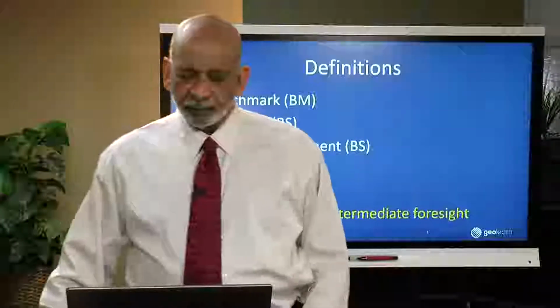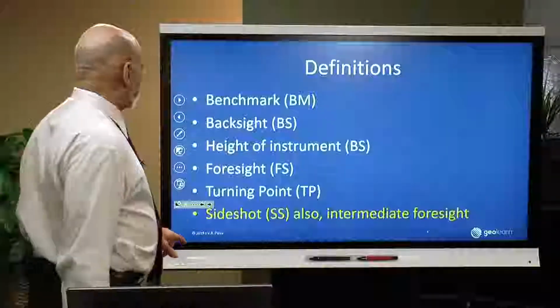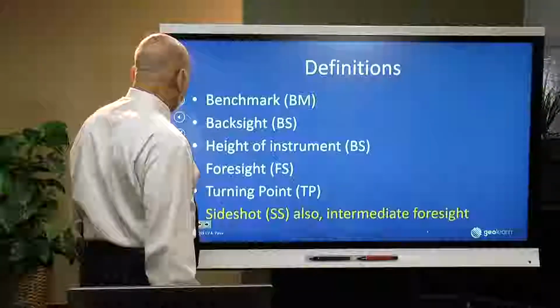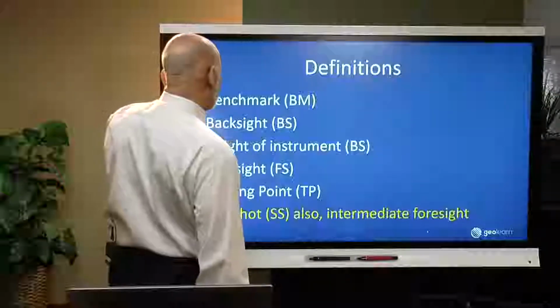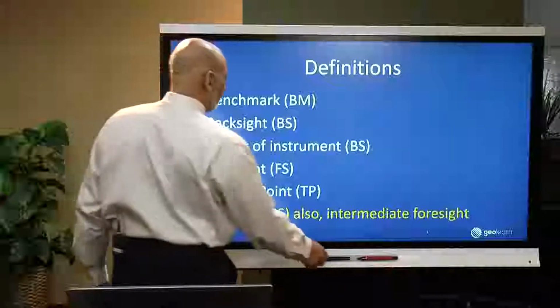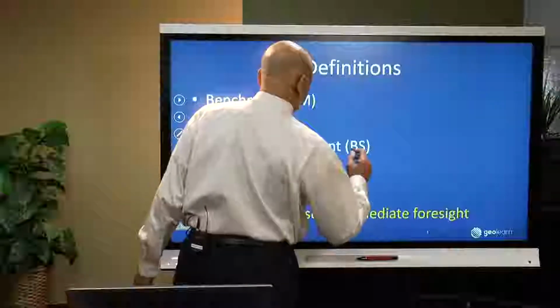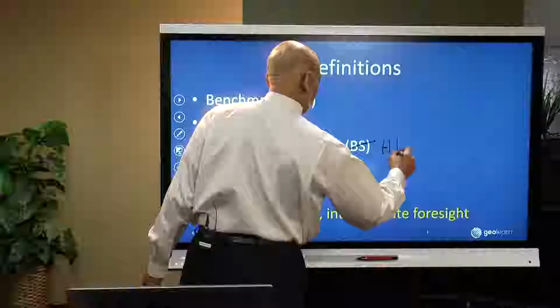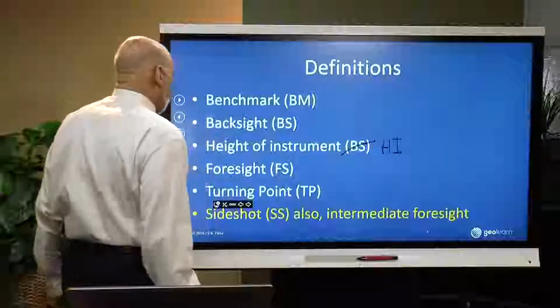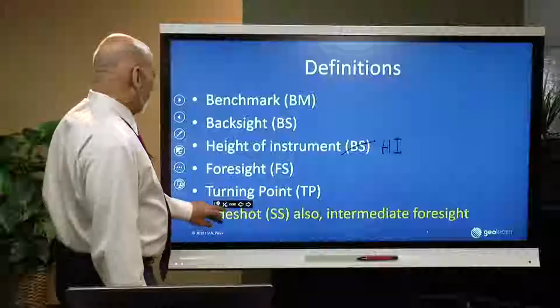Then we have the term backsite. I've already told you that's abbreviated BS. Height of instrument is abbreviated, this is a mistake here, it's abbreviated HI. Foresight is abbreviated FS.